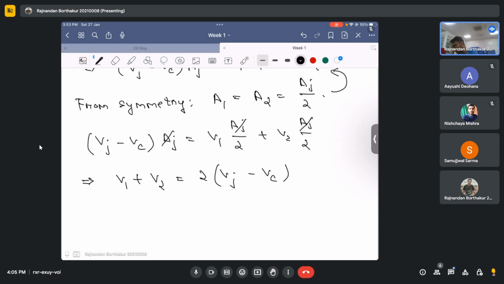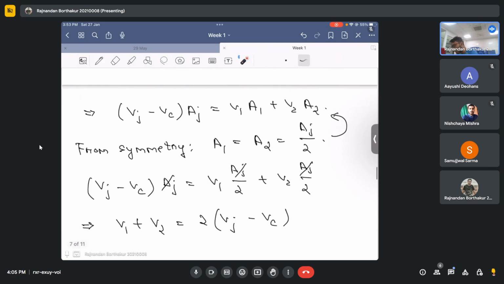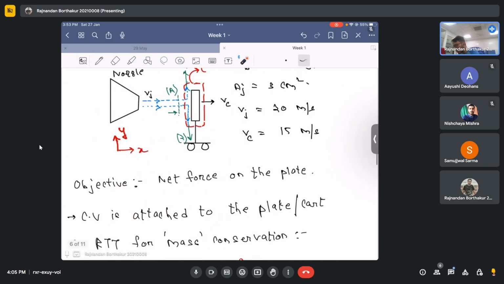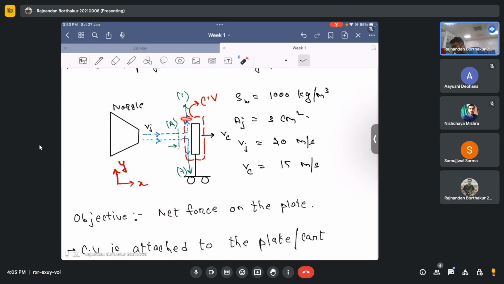Okay, now try to understand one thing. Since I have said that A1 is equal to Aj by 2 and this also becomes equal to A2, which means that A1 and A2 are also equal. This means that the cross-sectional area A1 and the cross-sectional area A2 are equal.